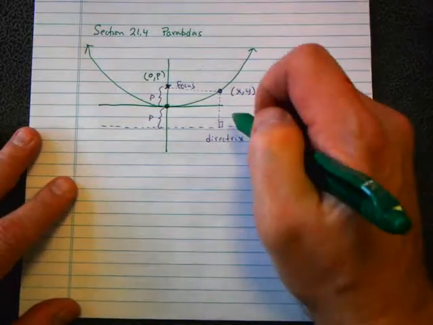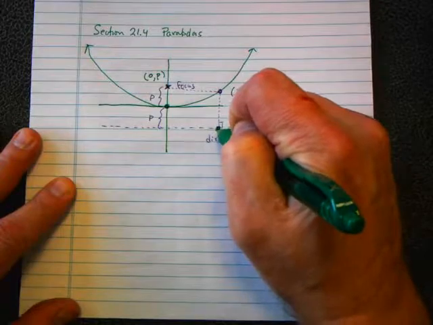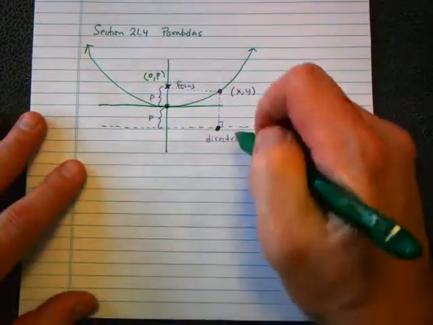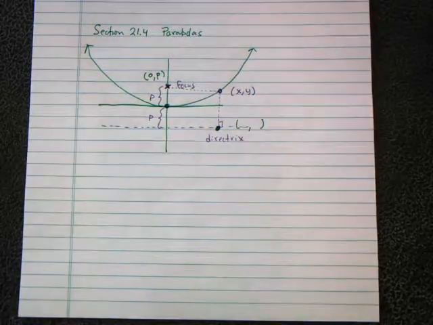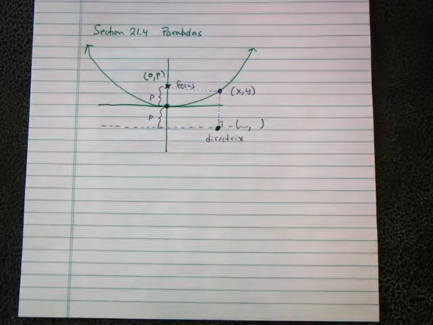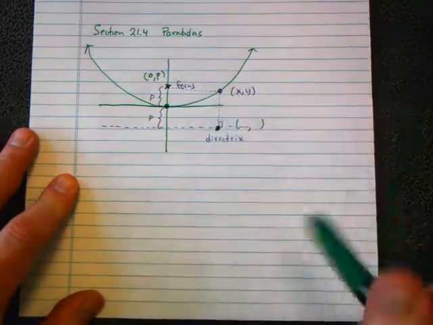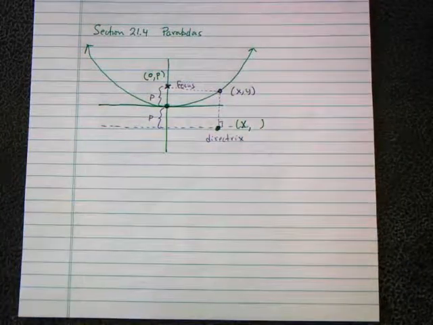And then how about this point down here that I'm using to measure the distance to the directrix? What's the x number of that point? It's x. It's the same as the point on the parabola, isn't it? Because that's a vertical line. So that one's x. And what's the y value?